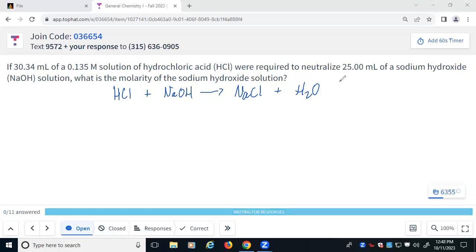And if the solution is not a one-to-one solution, you're wrong. And there's no way to get it right until you have that balanced equation. Now, luckily for us, this one's already balanced. Now it's just a matter of, can we put in the correct values in the correct places?